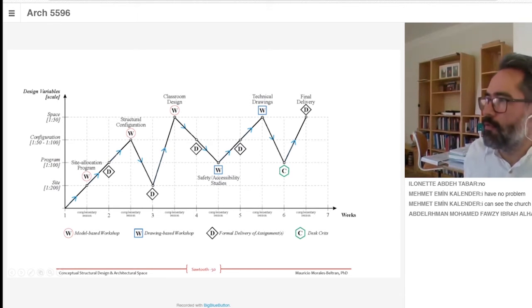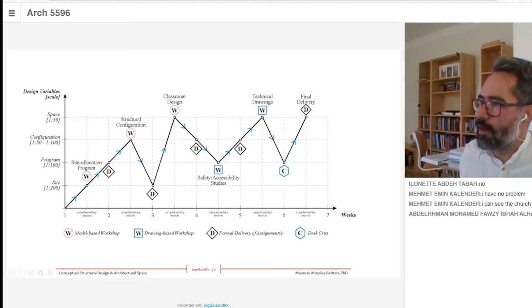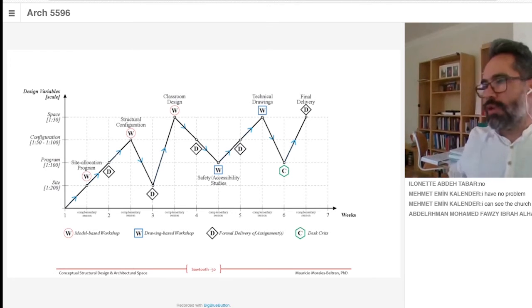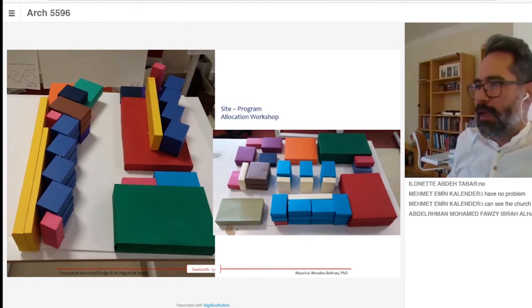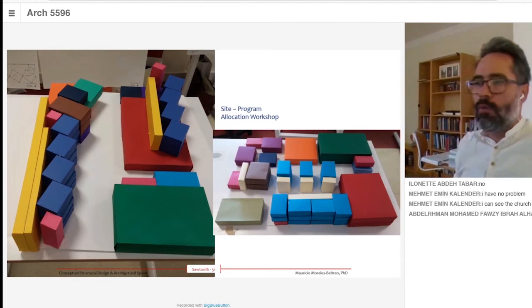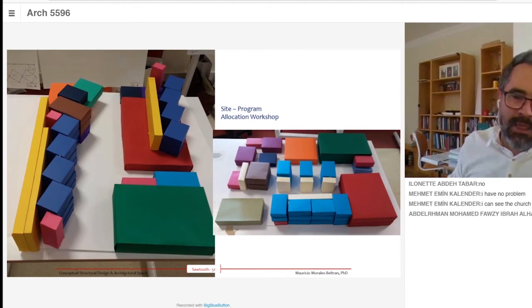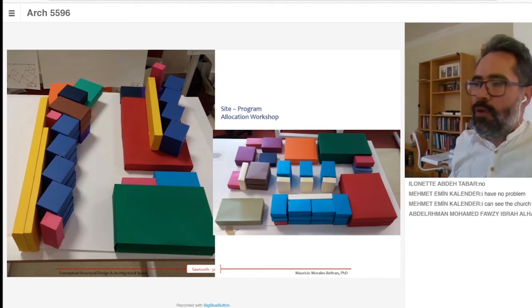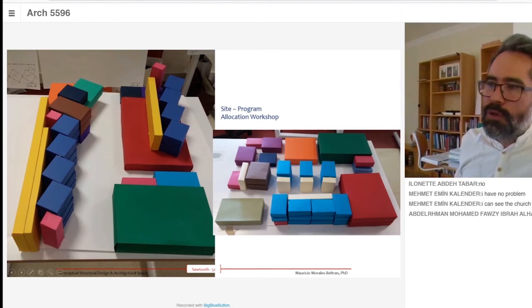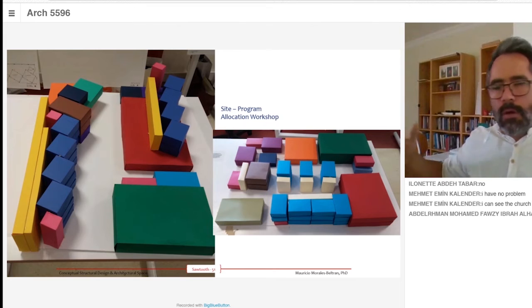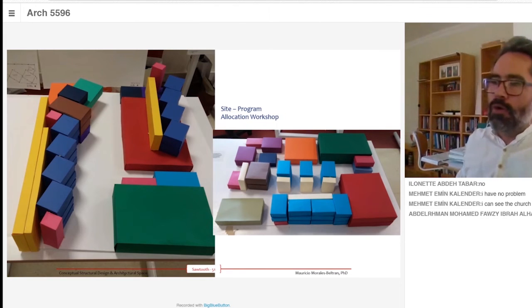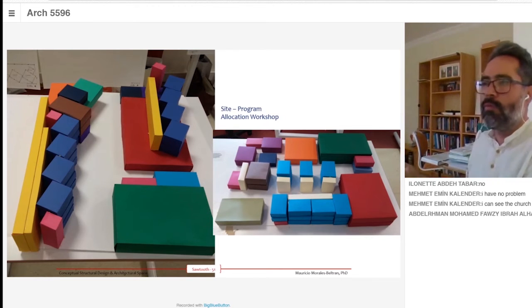And before the final delivery, we introduced a time where students can talk. Again, we use the same principle. We use color boxes. Some instructors thought at that time that because we were using boxes at the beginning, the students couldn't move away from the boxes, and then they ended up making boxes.